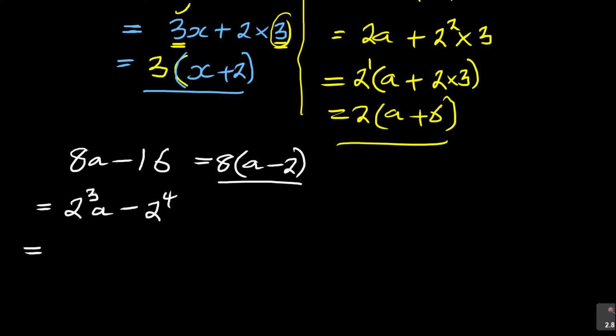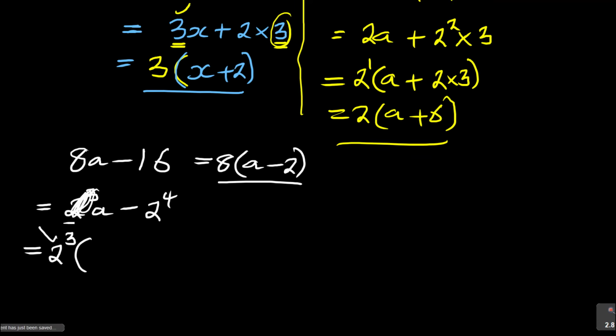Which one is the smallest power? 3. And then you take that out, which is 2 to the power of 3, because it was 2 to the power of 3 and 2 to the power of 4. So you take the smallest power. As you can see, 2 is the one that is appearing in both. Now that one is gone. See, the 2 to the power of 3 is the one that is now represented. So that's why I can scratch it out.